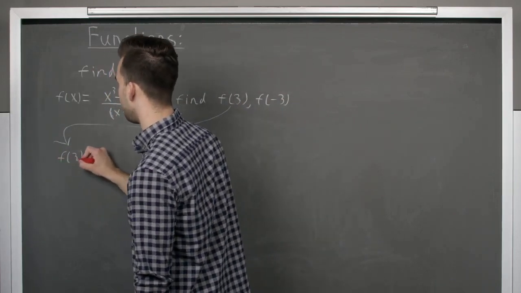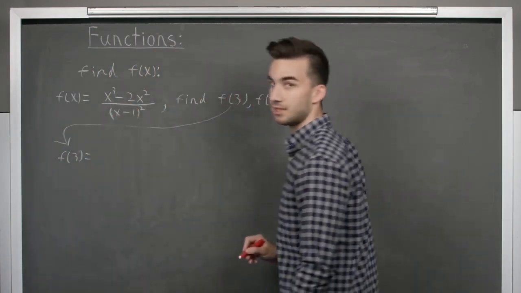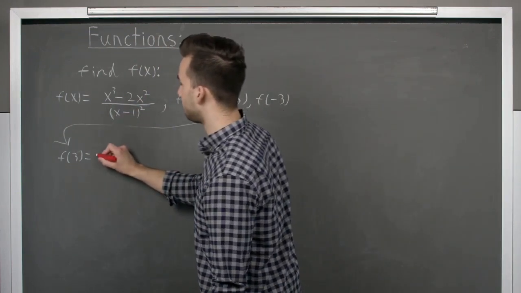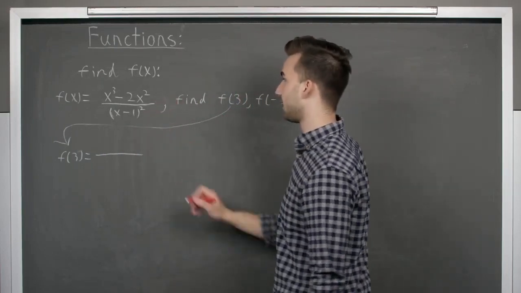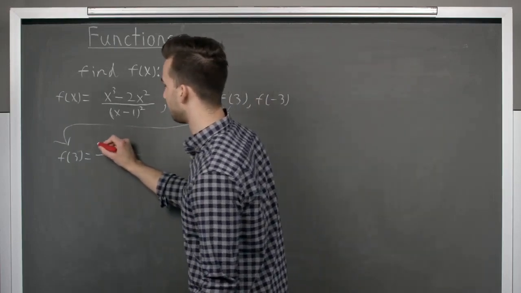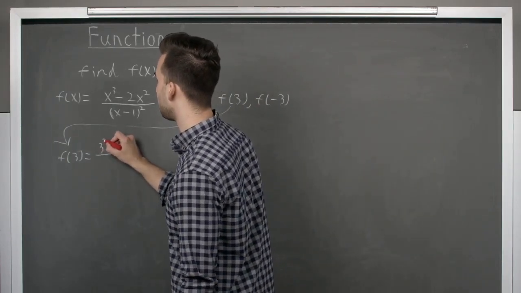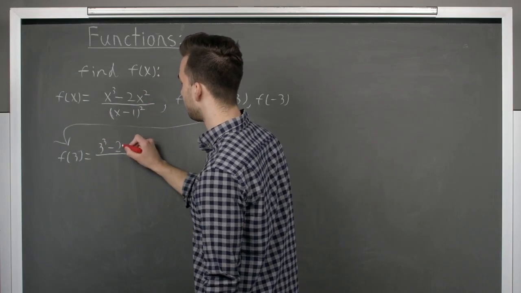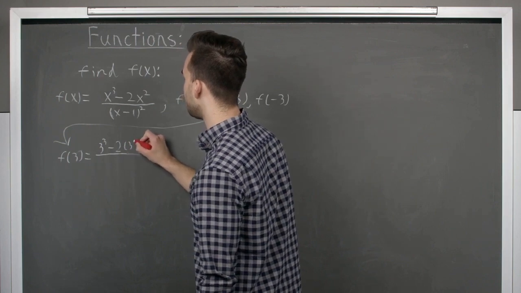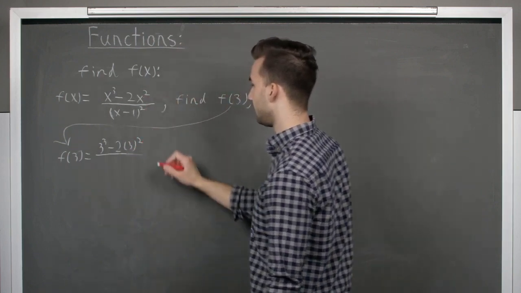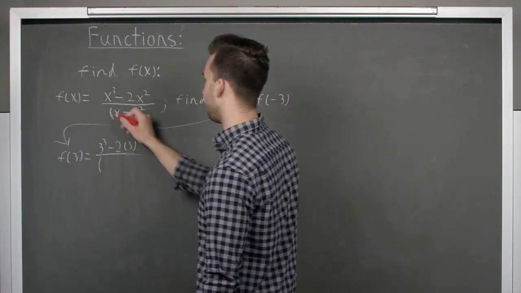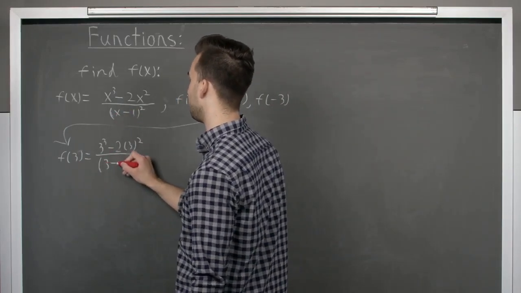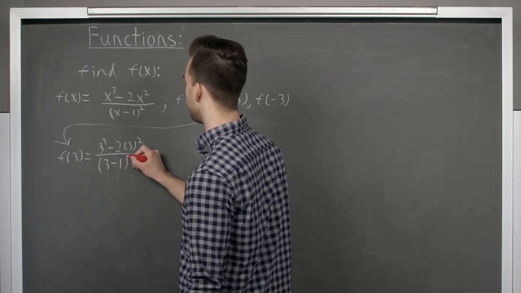F of 3 is equal to, and then we're just going to substitute into our function. So everywhere x is, we plug the 3 in, so 3 to the power of 3 minus 2 times 3 squared. And then in our bottom, we have x minus 1, so we can just write 3 minus 1 squared.